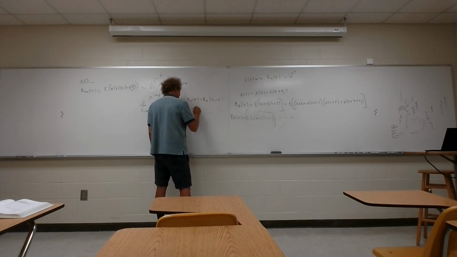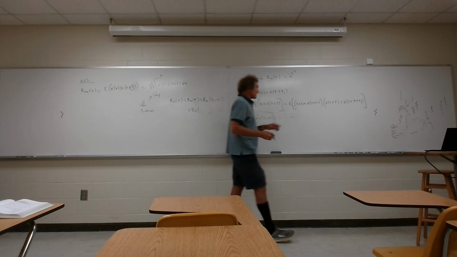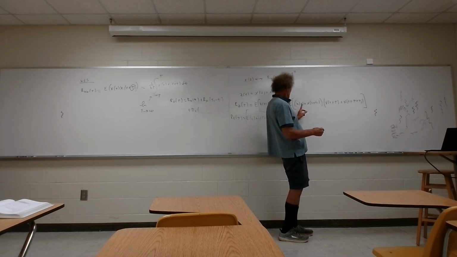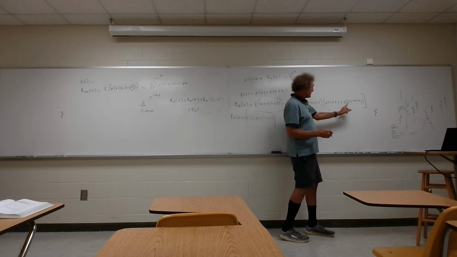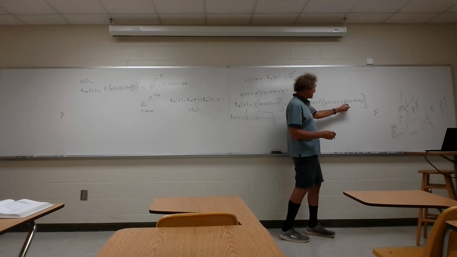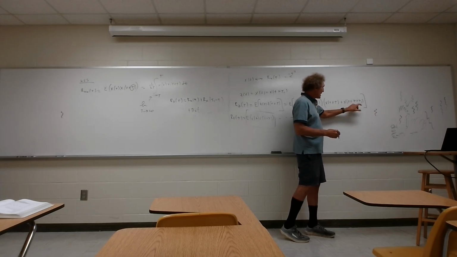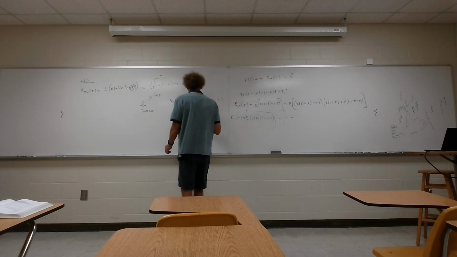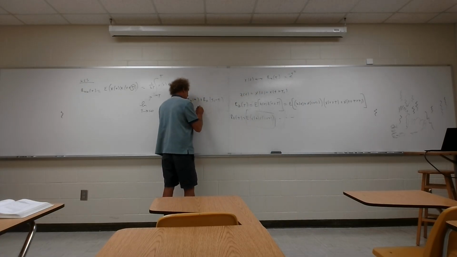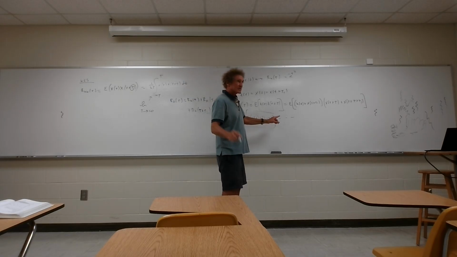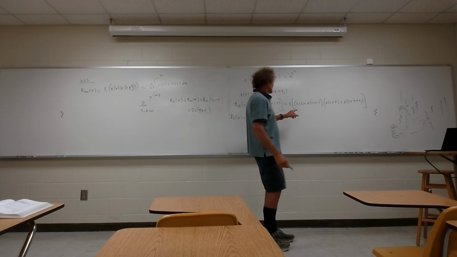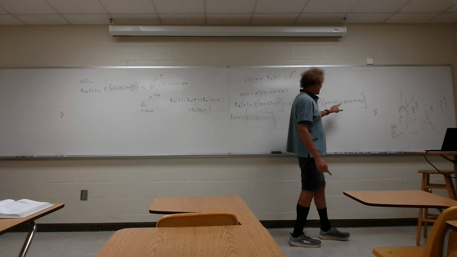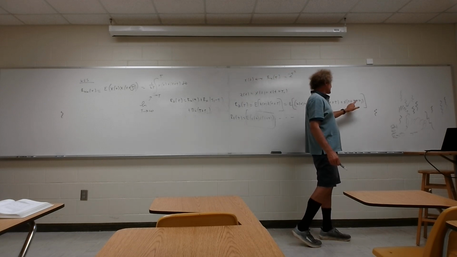Plus rx, and then for the outside, here, the argument is t times this, so it's going to be x of t times x of t plus tau 1. The difference is going to be tau plus tau 1. So here you're going to get rx of tau plus tau 1. And the final one, just watch this, x of t plus tau 1 times x of t plus tau 1.